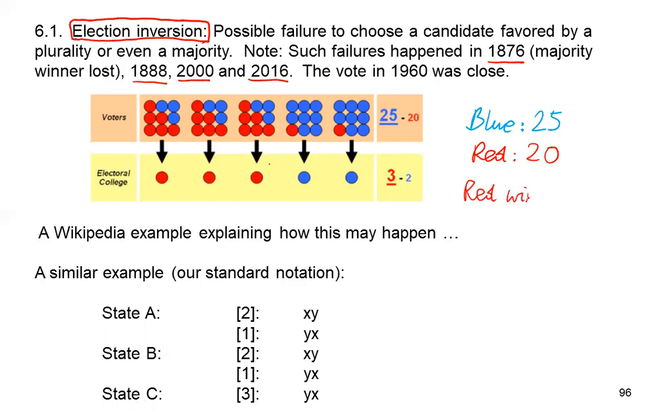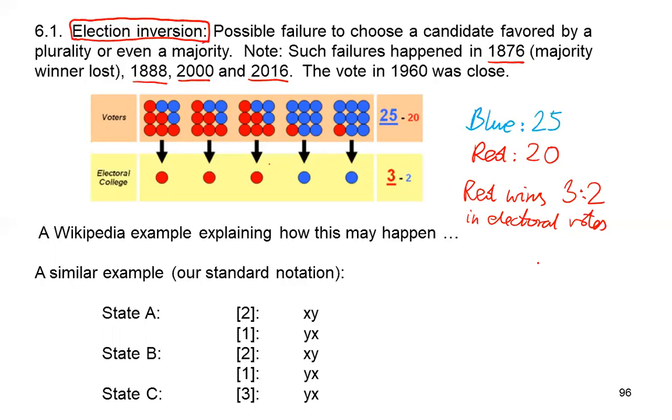Red wins 3-2 in electoral votes. So despite blue winning more votes, red wins the elections.